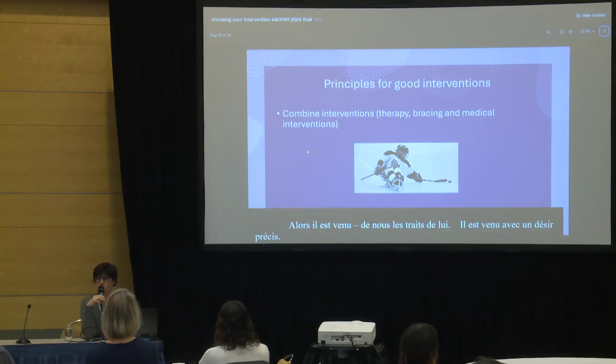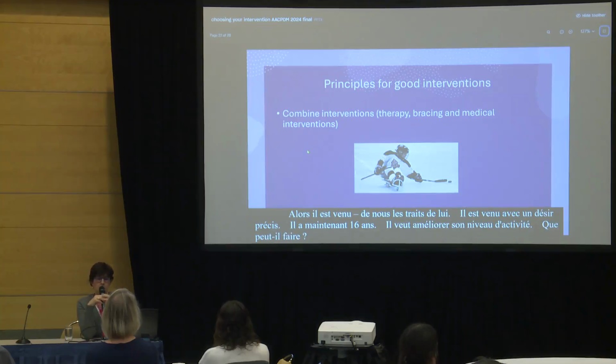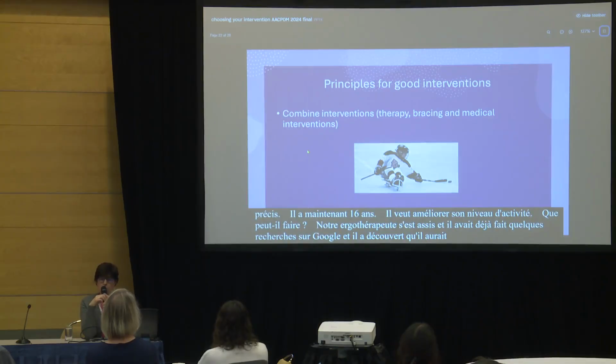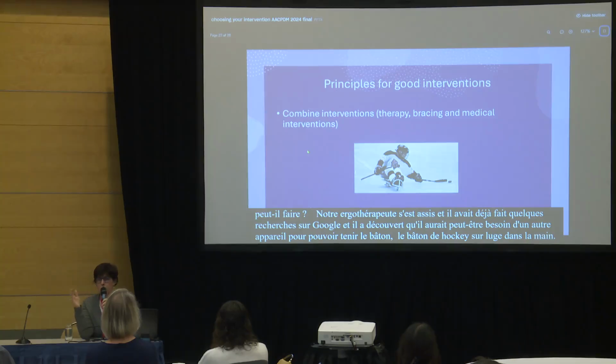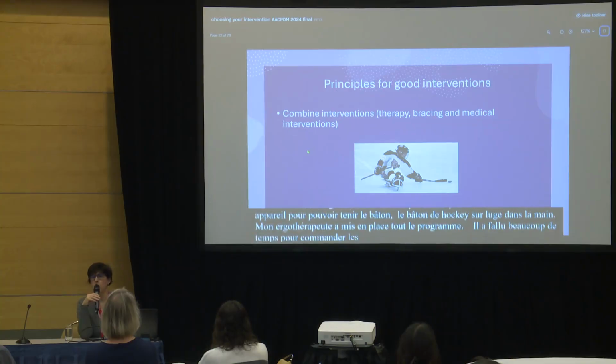So our OT sat down with him, and he actually had already done some Googling, and he found that he might need a different device so that he could hold the sledge hockey stick in the hand. My OT set up a whole program. It took a long time to order the right devices, but we also decided that this is now the right time to also support him with medical intervention, including Botox.